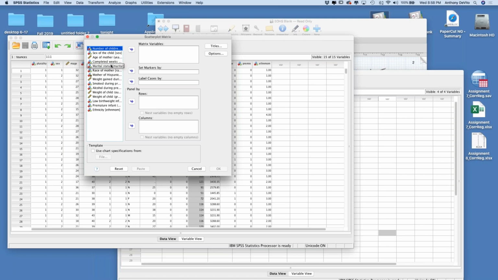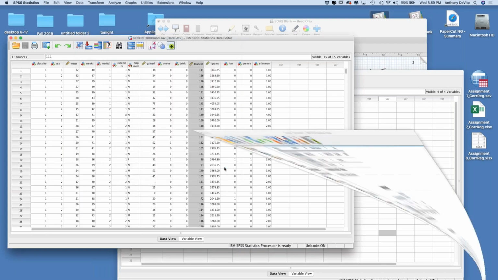So let's say I was curious about completed weeks of gestation, weight gain during pregnancy, the weight of the child, and any other numerical variables here, like the age of the mother. Yes, those are all numerical variables. That one is 2. SPSS thinks it's a categorical variable because they're all integers, but we can change that when we go back and click OK.